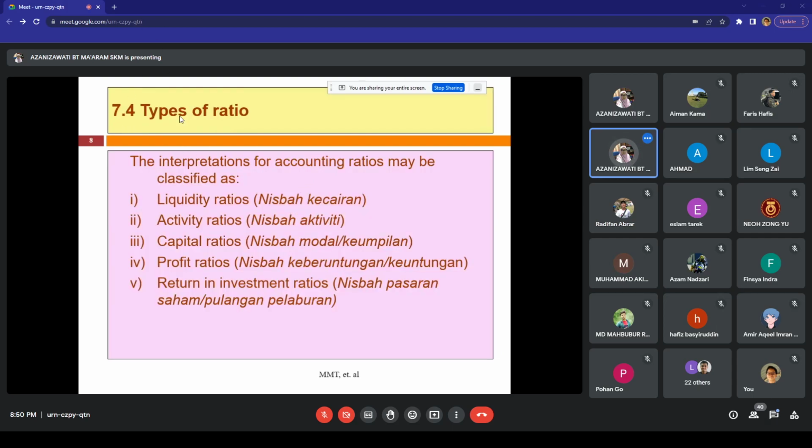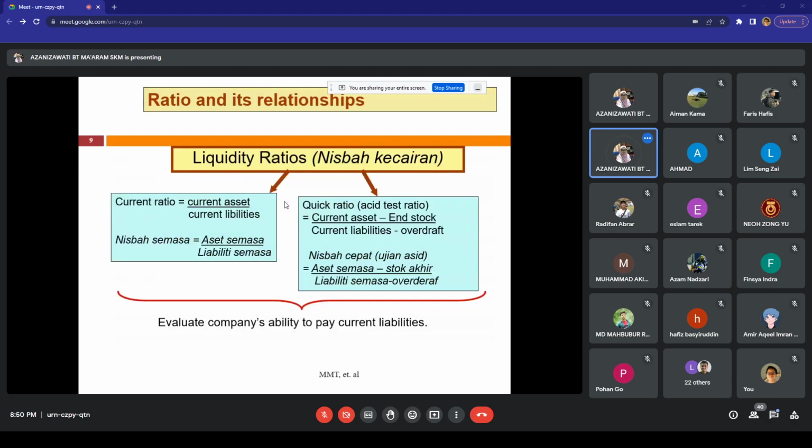Okay, types of ratios. The interpretation for accounting ratios may be classified as liquidity ratios, activity ratios, capital ratios, profit ratios, and return on investment ratios. So this is the liquidity ratios. The current ratio is current asset divided by current liability. So we know our asset, divided by our debt.